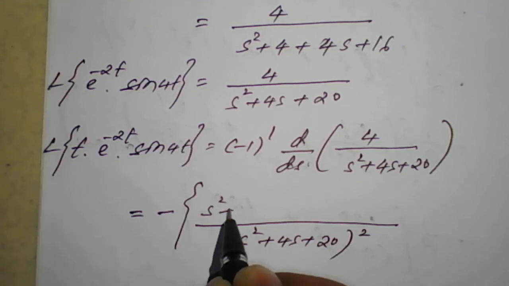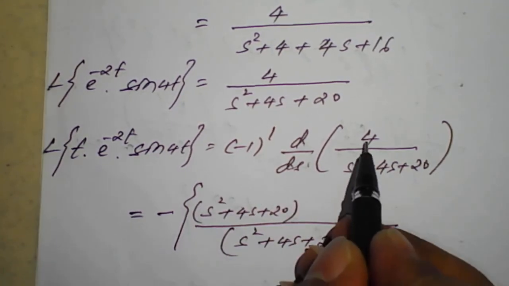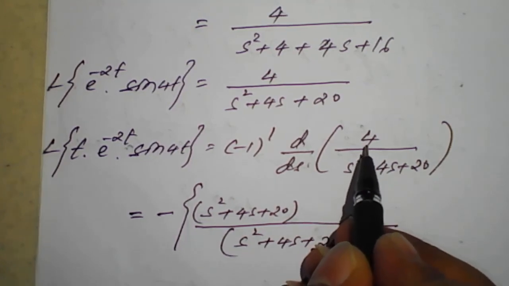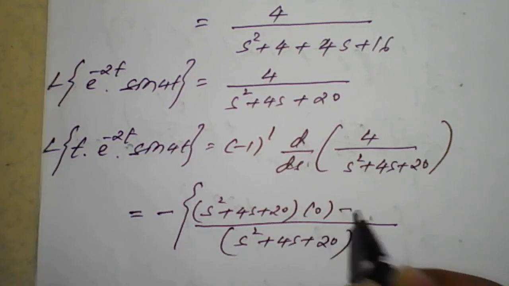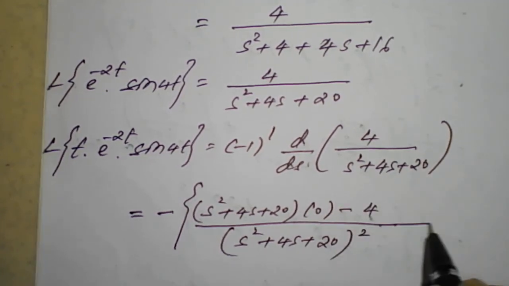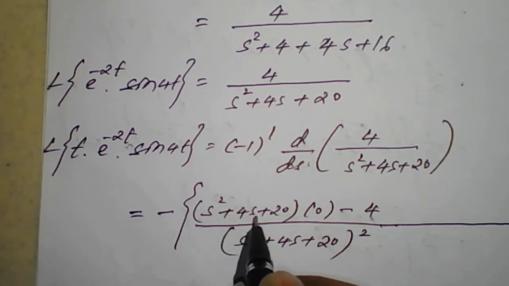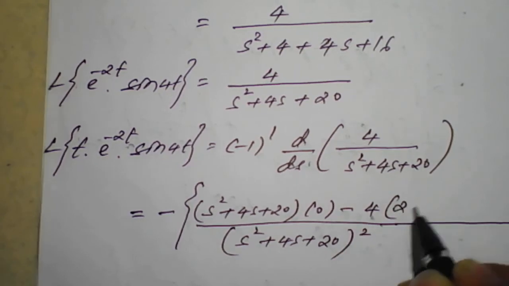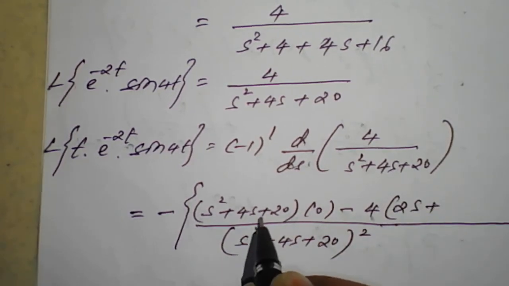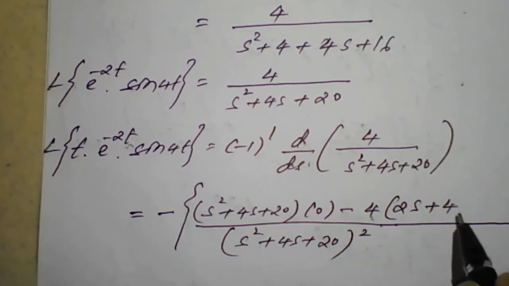Denominator, that is s square plus 4s plus 20, into the differentiation of the numerator. The numerator is 4, and the differentiation of 4 is 0. Minus, keep 4 as it is, into the differentiation of the denominator, that is s square plus 4s plus 20 with respect to s. The differentiation of s square is 2s, plus the differentiation of 4s with respect to s is 4, and the differentiation of 20 is 0.